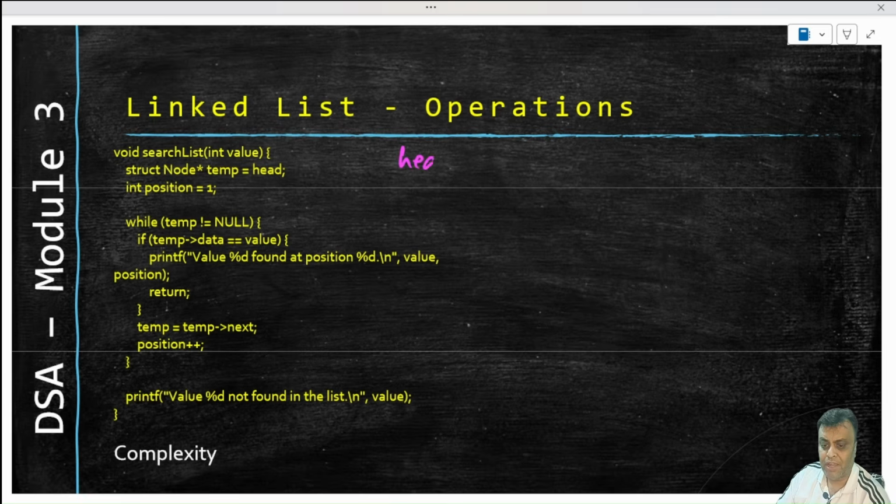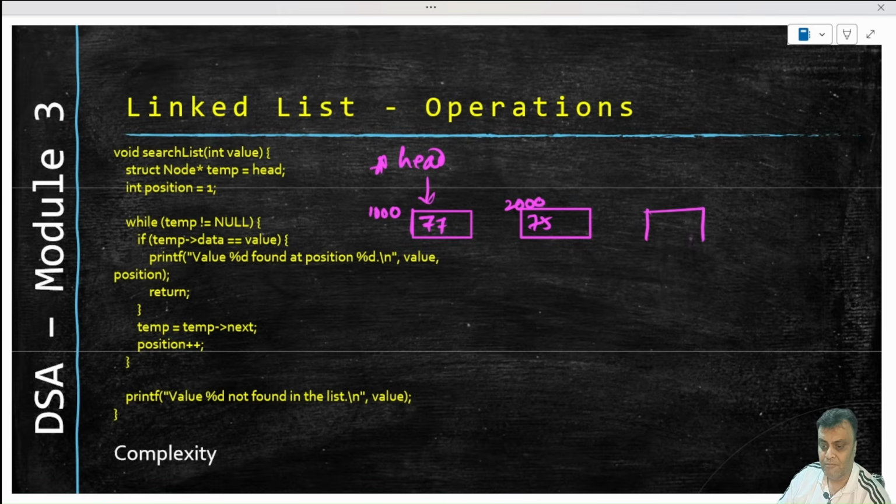Let's say we have a head, and this head is pointing to a node having 77, and this is at 1000, this is 75, at 2000, this is at 3000, and this has 9. I want to search for an element with the value of 75.